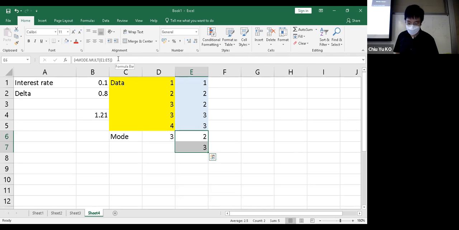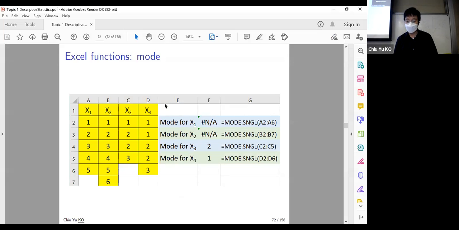Is that fine? Now, what I'm going to do is tell you how to do other things. You can see in this case, for the mode, everything appears once, so it's not available. As I said, we don't want this to happen.